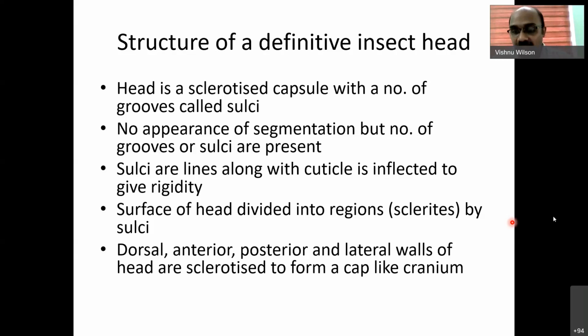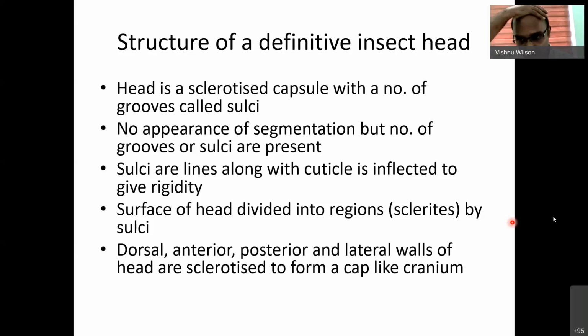And this head is sclerotized. I told you the segments fuse together to get completely sclerotized. It is sclerotized in the dorsal area, the top part. The lateral wall is sclerotized. The anterior wall is sclerotized. The posterior wall is sclerotized, but the ventral wall is not sclerotized.